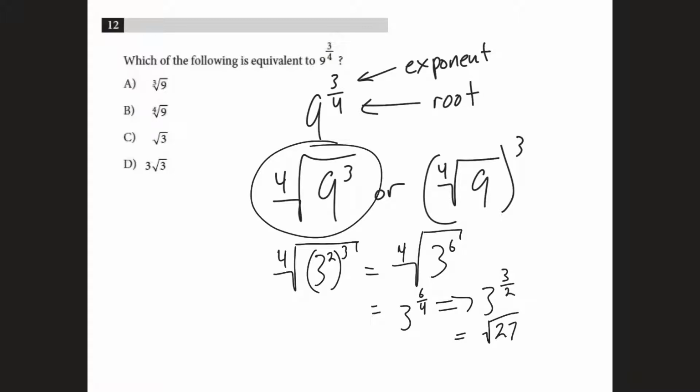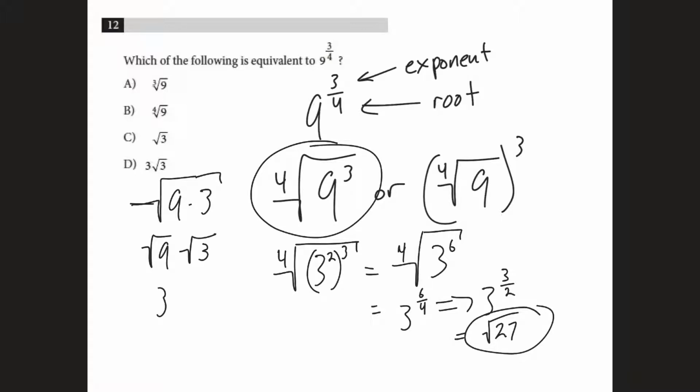That's still not one of my solutions, but I can simplify this square root of 27, because I know that 27 is the product of 9 times 3. I can break this up into 2 square roots. Square root of 9 is 3 times the square root of 3. It's going to be D as our solution.